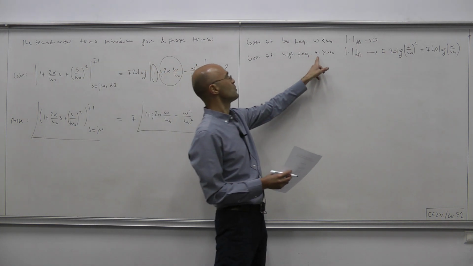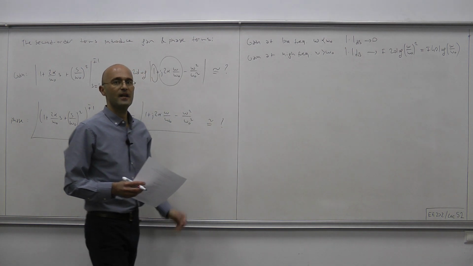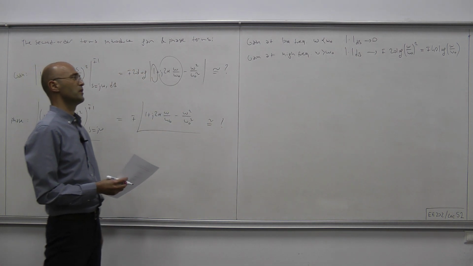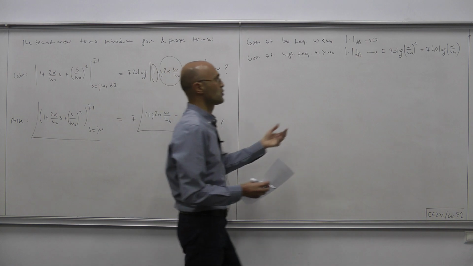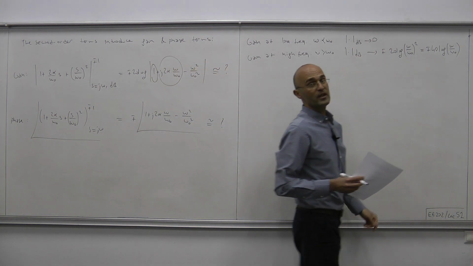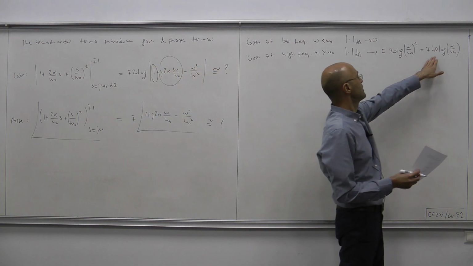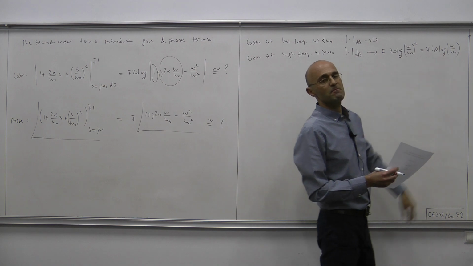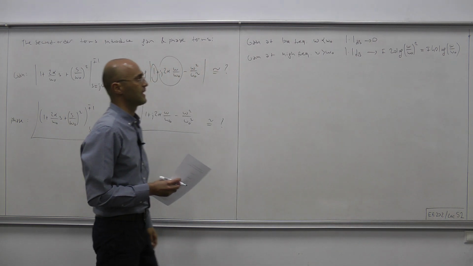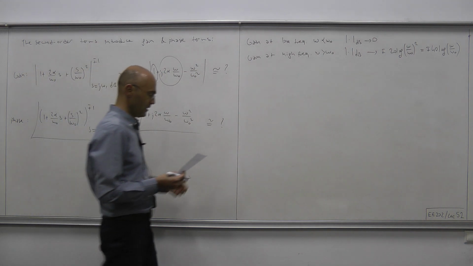And for high frequencies, when omega is larger than omega 0, we have a constant slope line. Again, like in the first order case, the difference is that for the first order case we have 20 dB per decade slope, or minus 20 dB per decade slope. This time we have twice that, 40 dB per decade or minus 40 dB per decade, depending on whether it's in the numerator or denominator.